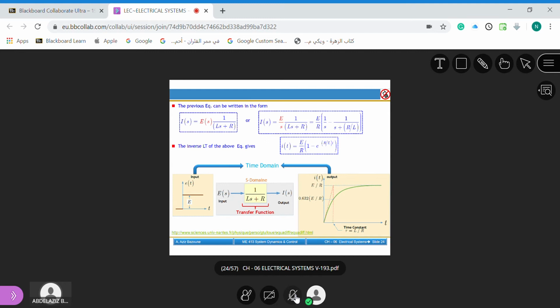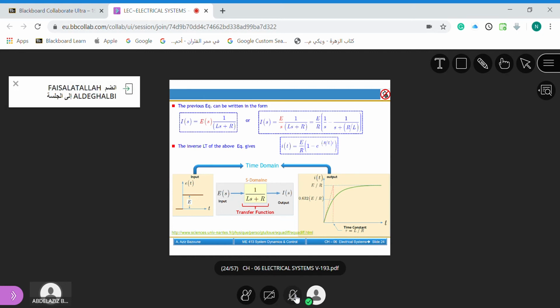And as you can see, the transfer function never contains variables like voltage or current. It just contains the physical quantities that it represents. It represents an inductor plus a resistor.